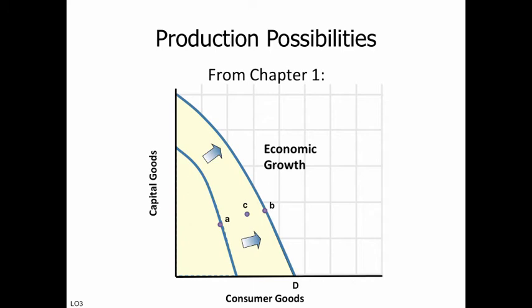So what economic growth does is move out the PPF over time. And now we can produce and consume at, say, point B. Again, point B would now be efficient because it's on the new PPF. And that represents, compared to A, more capital goods being produced and consumed and more consumer goods being produced and consumed. So the economy is growing. So the PPF helps us illustrate this concept of economic growth.